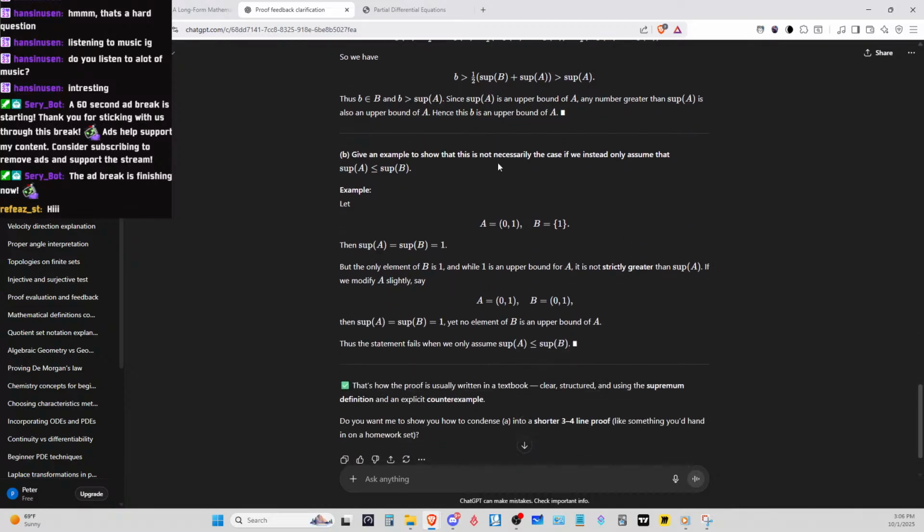I'll give an example to show that this is not the case necessarily. So, example, but the only element B is 1, while 1 is the upper bound for A. It is not strictly greater than the supremum of A. If we modify A slightly, yet no element of B appears to be an upper bound.